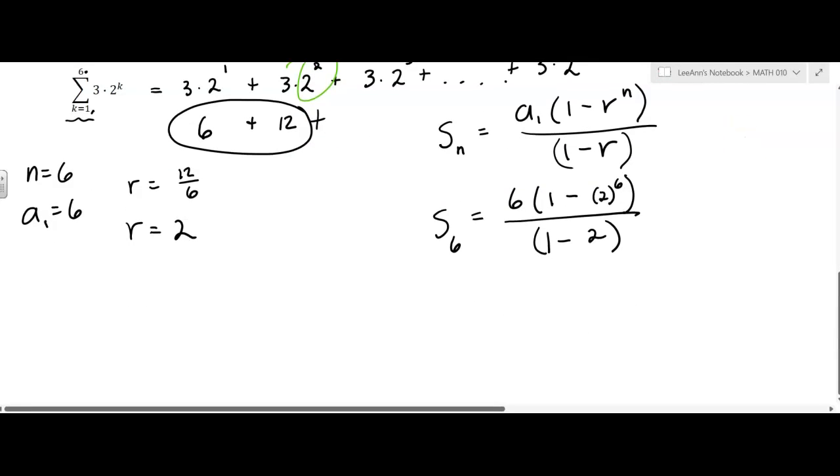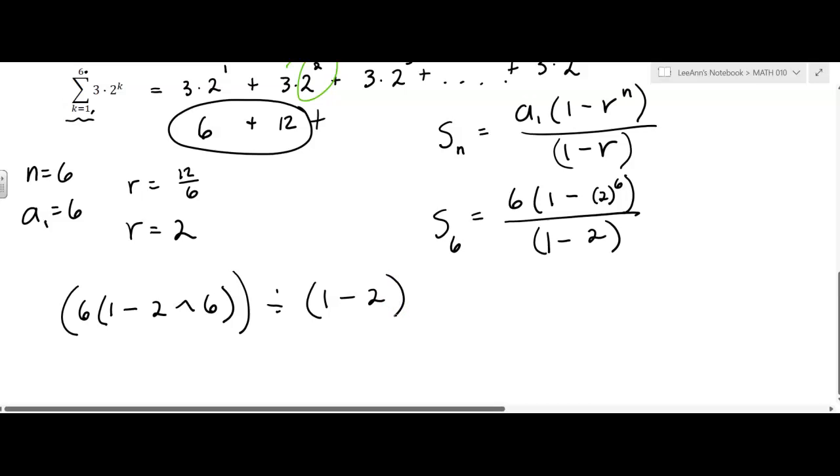Let's put this in our calculator. I'm going to go parenthesis 6, parenthesis 1 minus 2 to the 6th, parenthesis, parenthesis. Got to have 2 of them. Divided by parenthesis 1 minus 2, parenthesis. Now I know what 1 minus 2 is, but I just want to show you how to do that on a calculator.